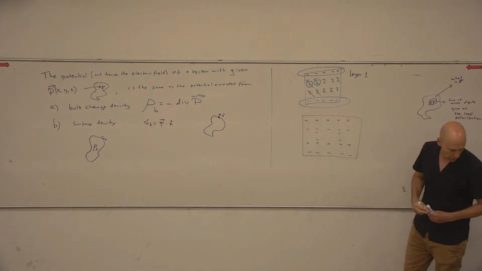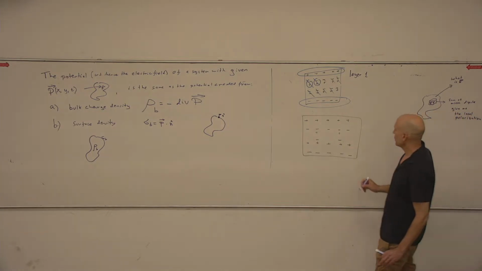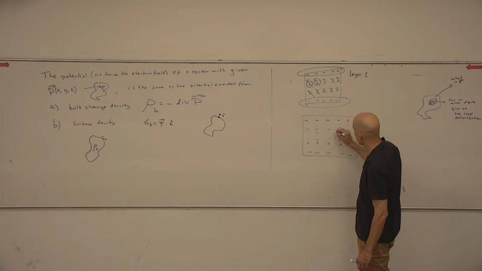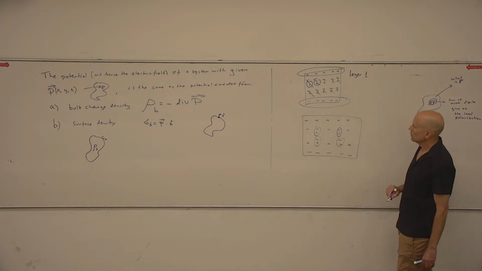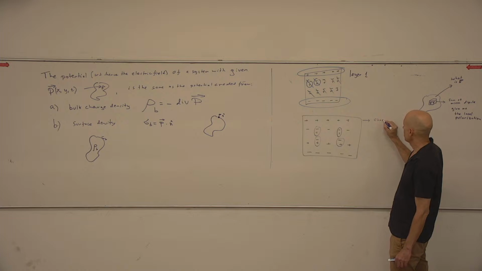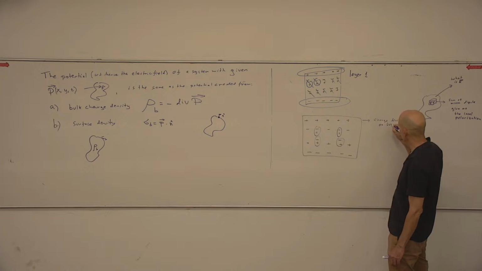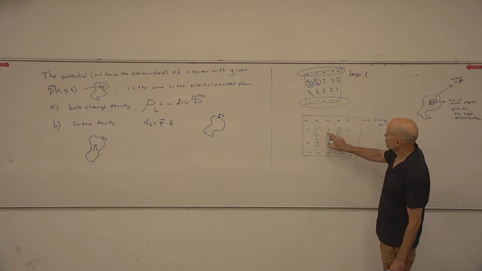Now we do the same trick as before. Let us look at what is cancelled. These guys are cancelled. These guys are cancelled. These guys are cancelled. This one is the charge density on the surface like before. But here we have more charges in the middle.